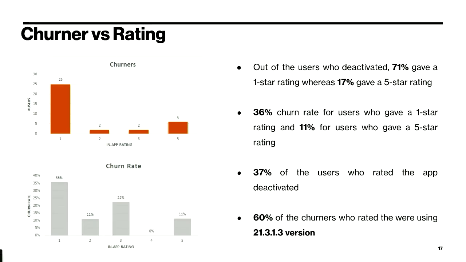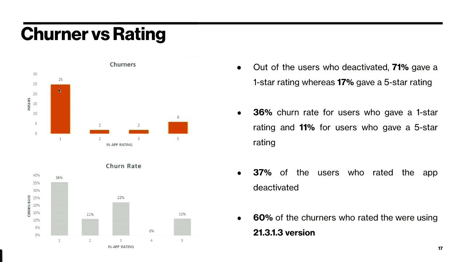This is very interesting, where I was able to see churn versus rating. This is counterintuitive in a few cases, but let me go through an example. The first chart shows how many people left the app after giving a specific rating.